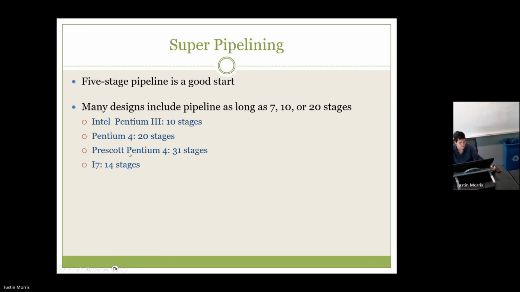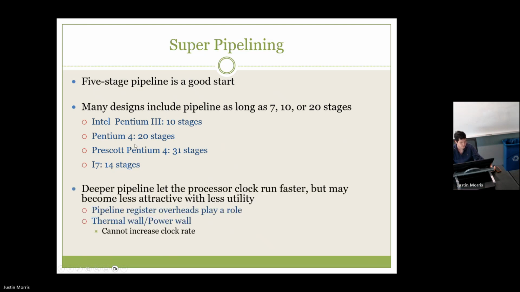Now going into these deeper pipelines is going to let the processor clock run faster, right? Because we have our longest stage indicates our cycle time. So if we split up the pipeline more and more and more, our longest stage is shorter and shorter and shorter.